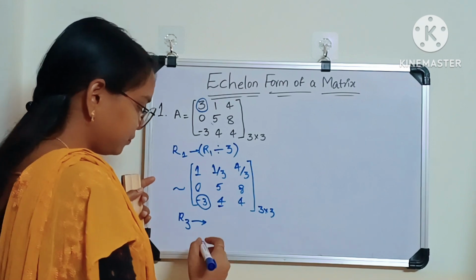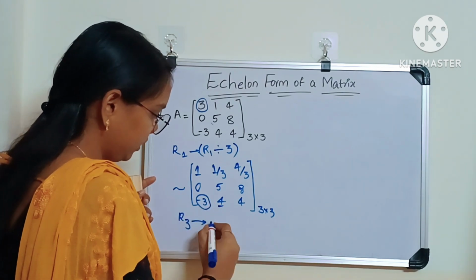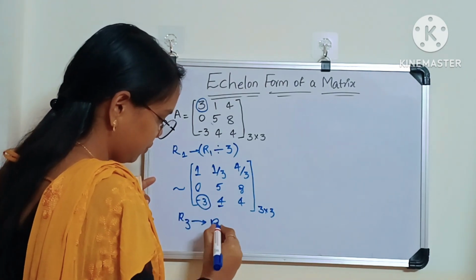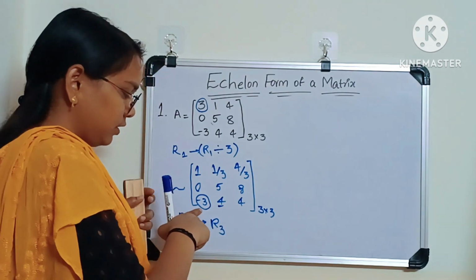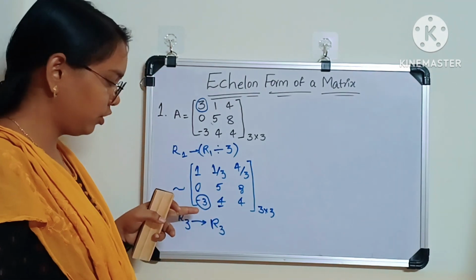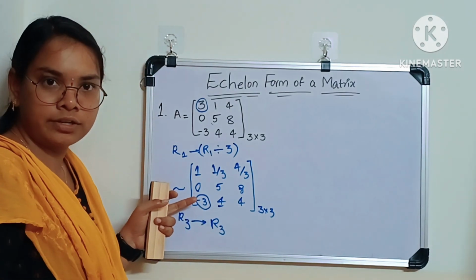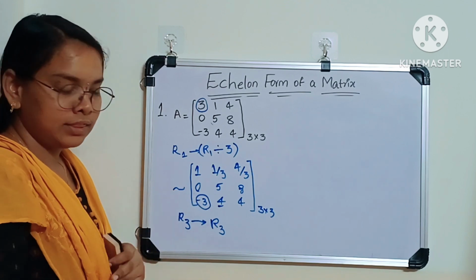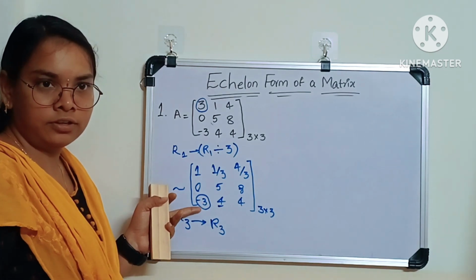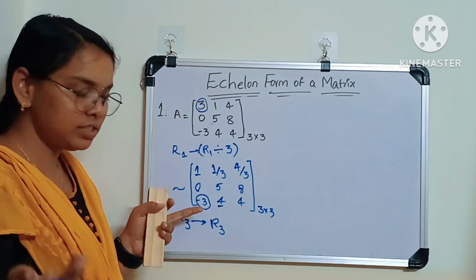R3 is converted into R3 tends to R3. If we want a 0 here, what do we have to do? Here minus 3 is already there, so if we add plus 3, then this element comes as minus 3 plus 3, which is 0.